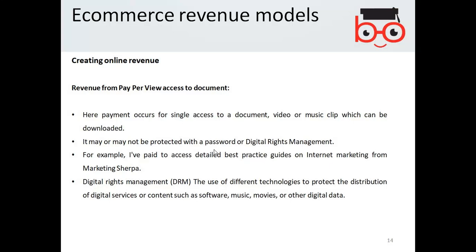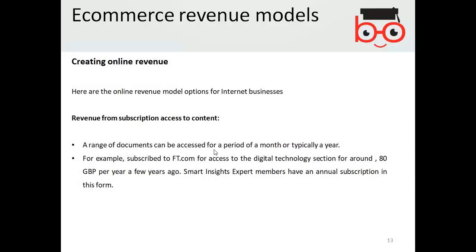The IEEE store gives you research papers, and you normally buy only one research paper at a time. So with pay-per-view you are getting a one-time digital product, but not for many times. So that's also a kind of generating online revenue, from pay-per-view or subscription.